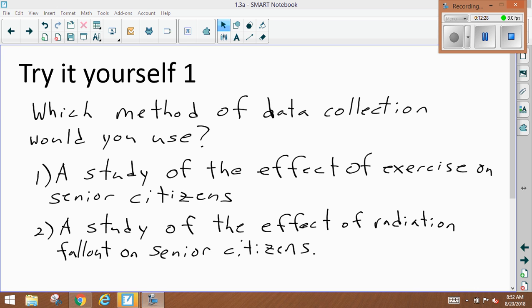You do a simulation anytime there's a risk of bodily harm, or it's so astronomically expensive that you cannot do an experiment. So those are the two key things for a simulation. It's usually computer generated, and it takes out the cost and the health risk.